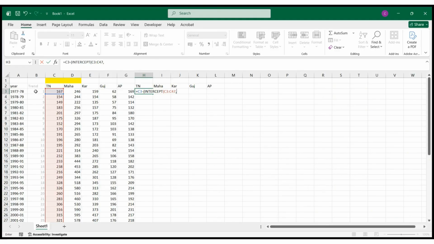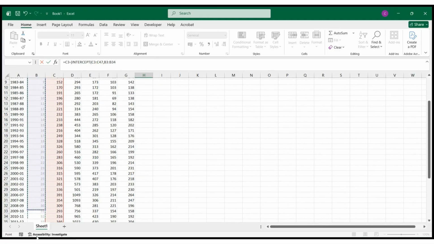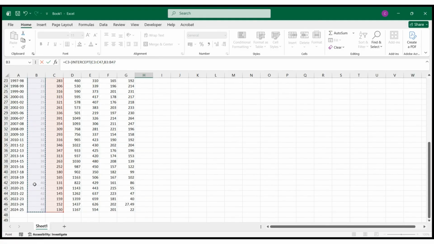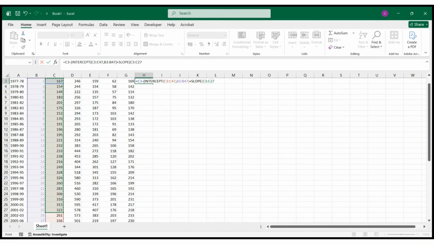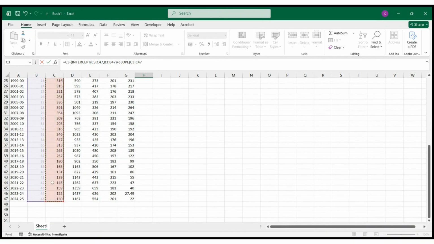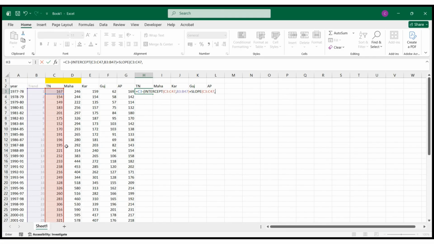I've just numbered the years to represent the time. Followed by that, the slope. In slope, I'll use the y value, so again I'll select our state area, followed by our time trend.